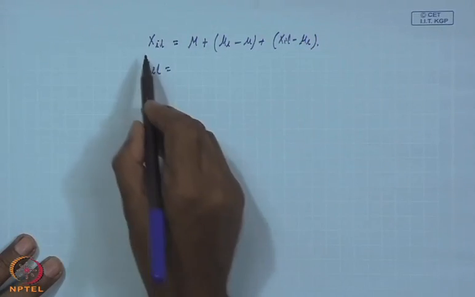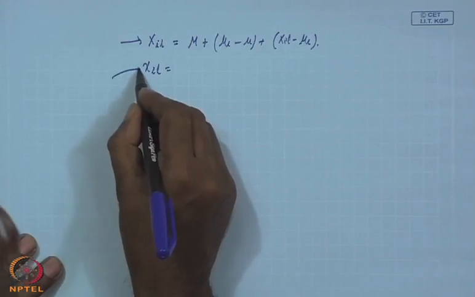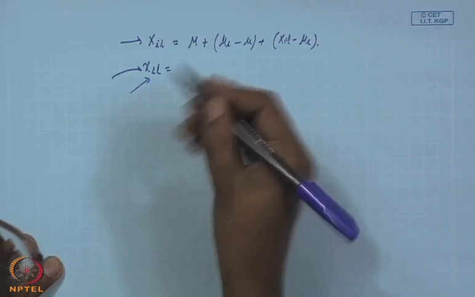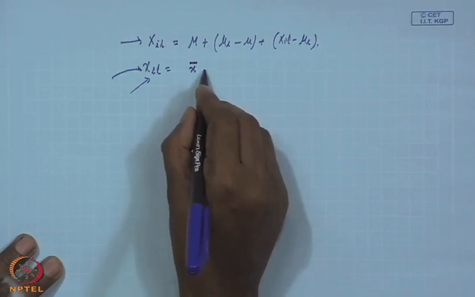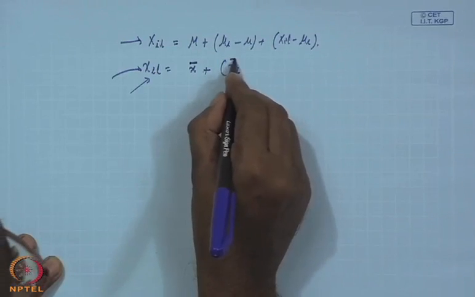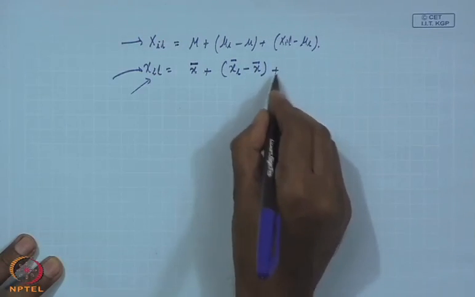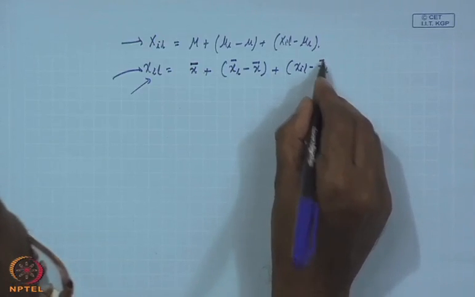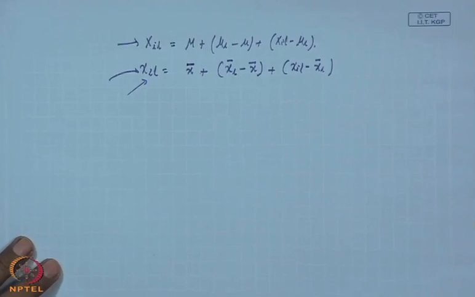You have seen this one, left hand side and right hand side are both the same. Now, you have collected data, that means you have a fixed value now x I l. So, you have to go by the sample grand mean plus the sample mean minus the grand mean, plus x I l minus the sample mean, not population, sample mean.